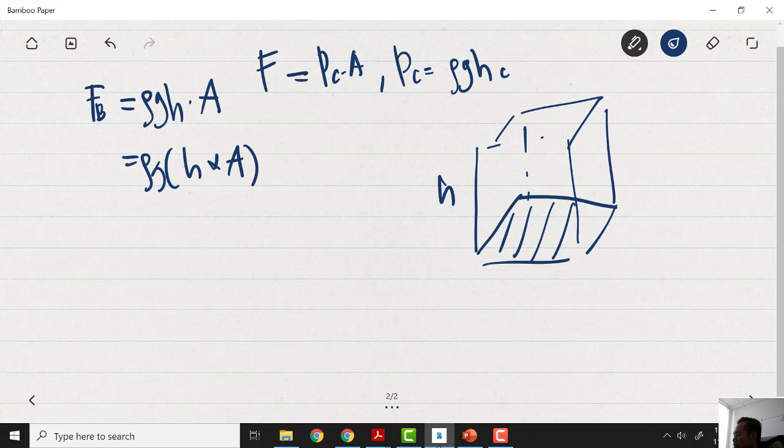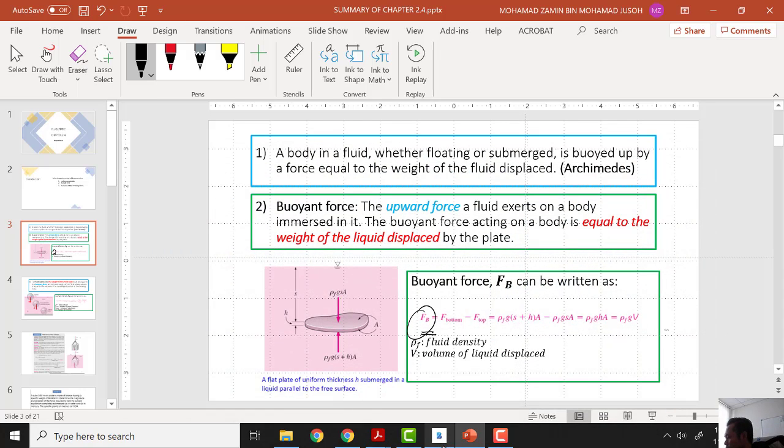So A times H gives volume, and we can also write FB equal to rho g V.